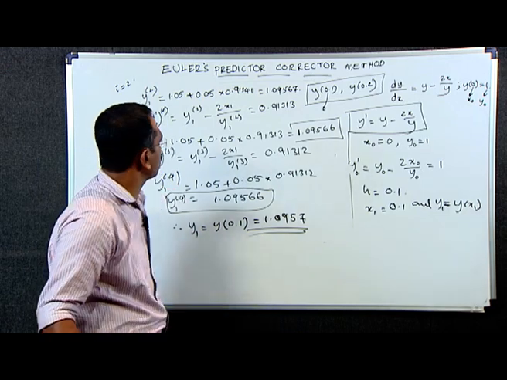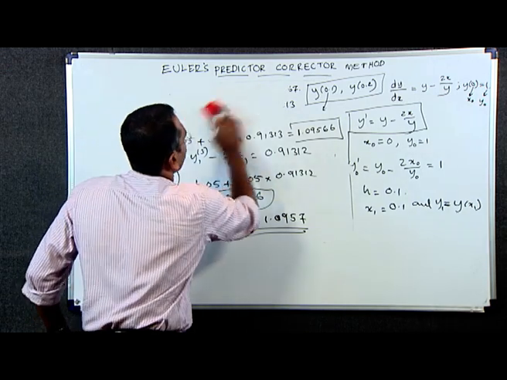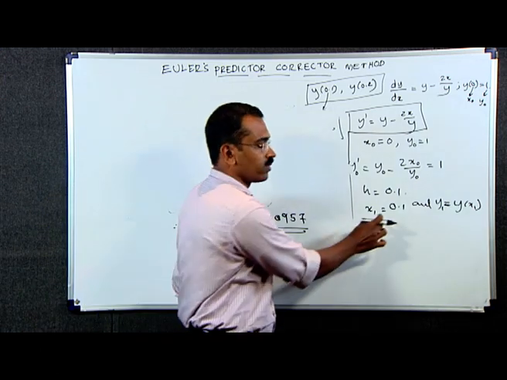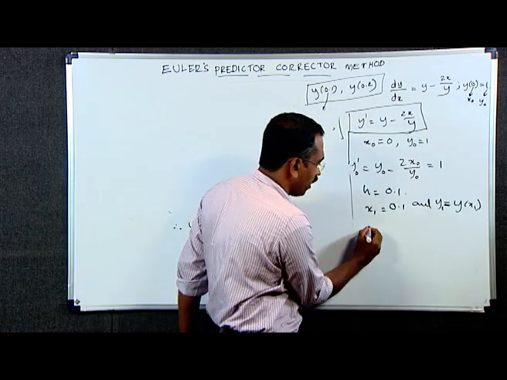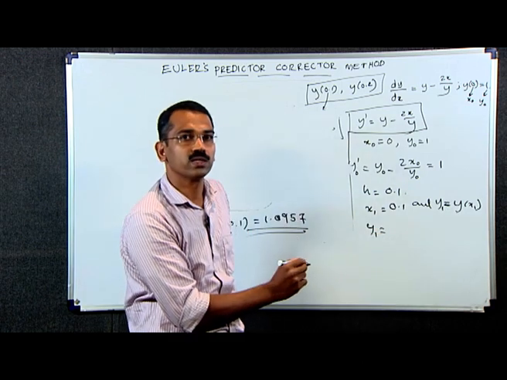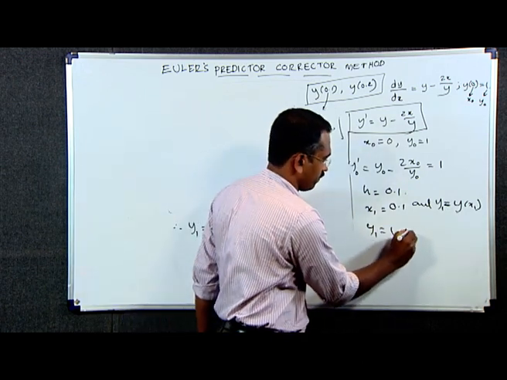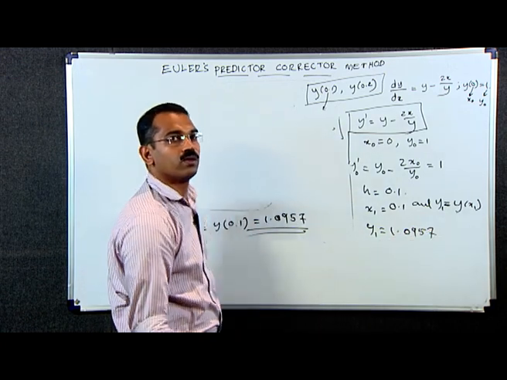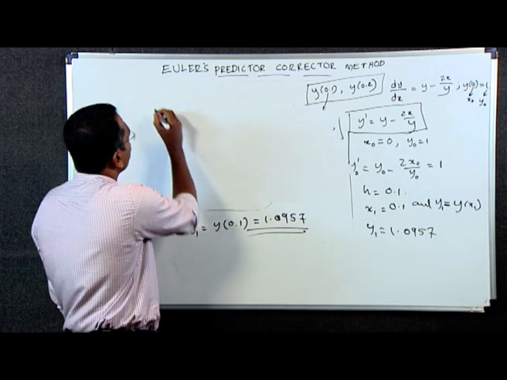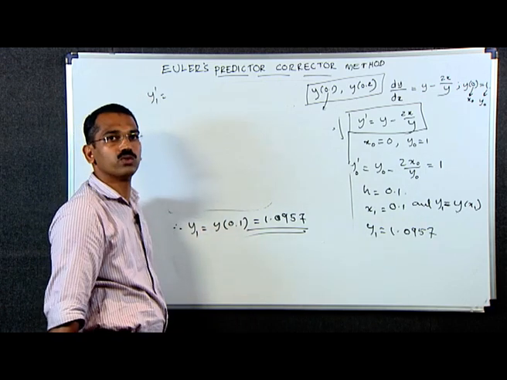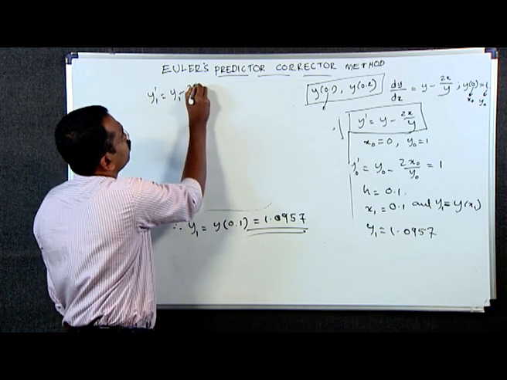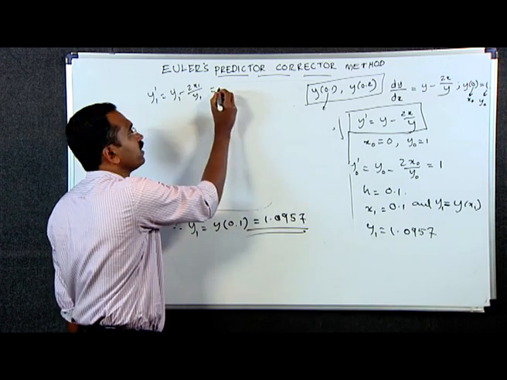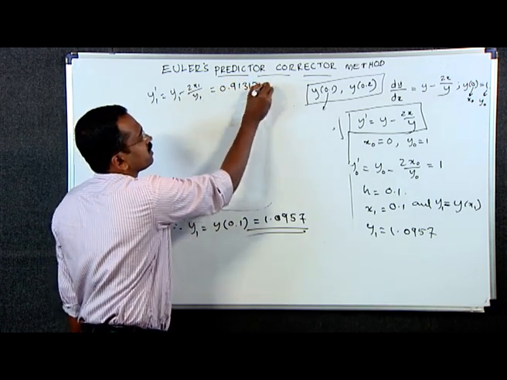Now, we take x1 is equal to 0.1, y1 is equal to 1.0957. We will obtain y1 dash is equal to y1 minus 2x1 divided by y1, which is equal to 0.91317.